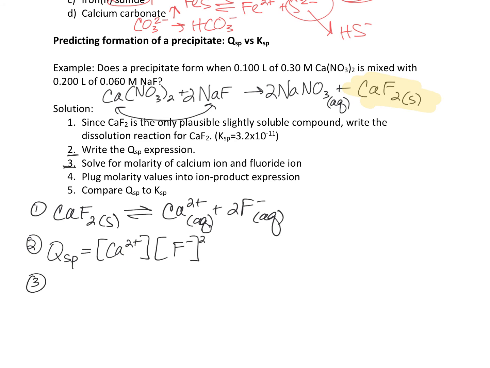So let me give you an example of what that looks like. For calcium ion, I'm looking at the concentrations that are given here, and I have to take into consideration the final volume. So I would suggest to use M1V1 equals M2V2.